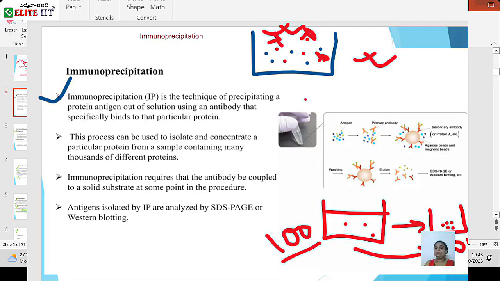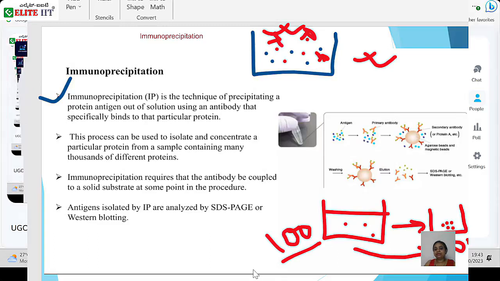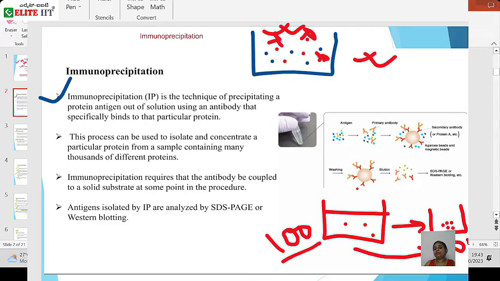In this way, in immunoprecipitation also, if you consider these are the antigen, red color antigen, initially in 100 ml solution, 100 ml blood or whatever in the buffer. If you add antibody inside it, the antibody will bind with those specific antigens, and there will be precipitation, and you can make it in a concentrated form.